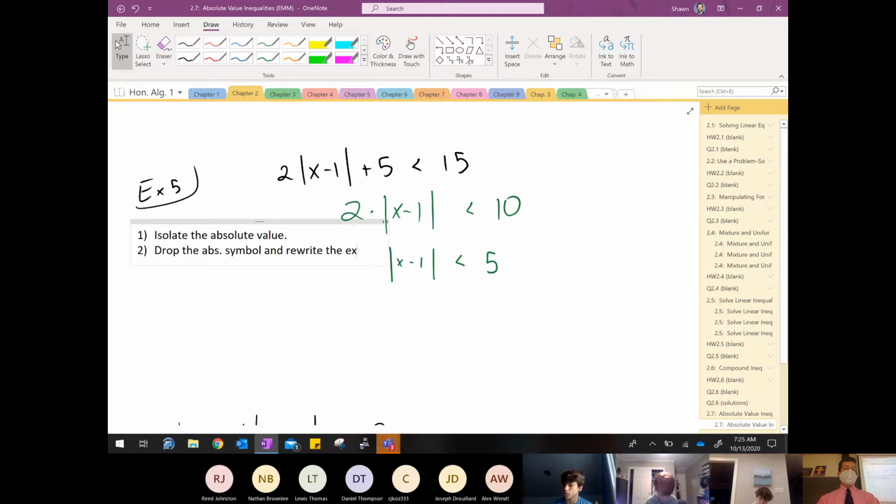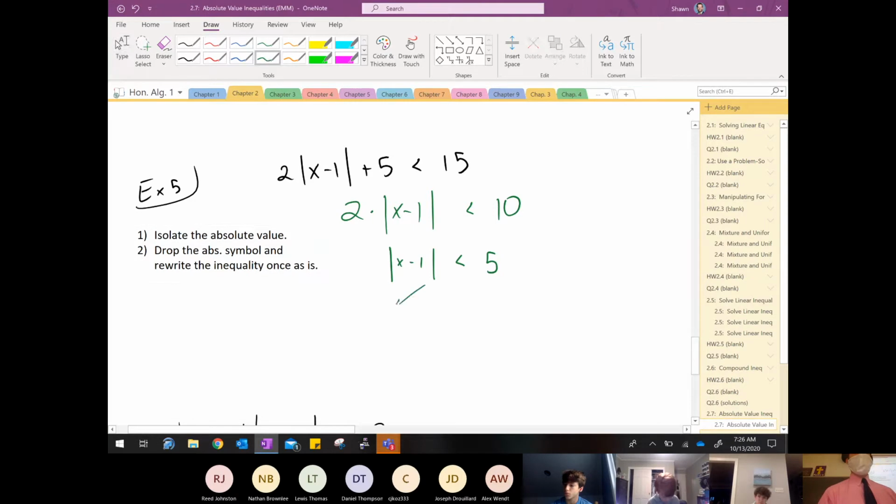Rewrite the expression, or let's say inequality. So we're going to drop the bars and rewrite the inequality once as is. So when I do that, what that looks like over here, check this out.